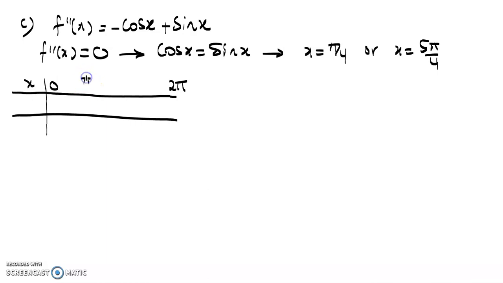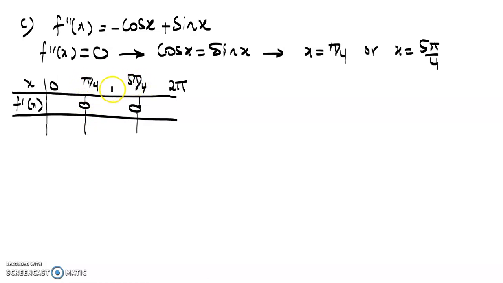The second row is the table of signs of the second derivative f double prime, because the sign of f double prime really affects the concavity of the function. We already know that f double prime is 0 at pi over 4 and at 5 pi over 4.